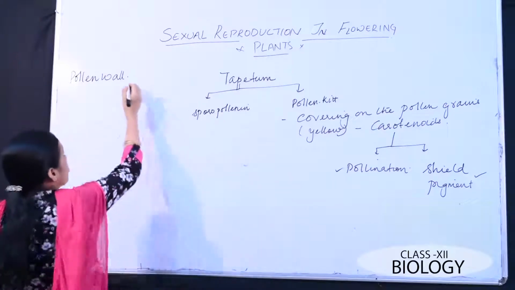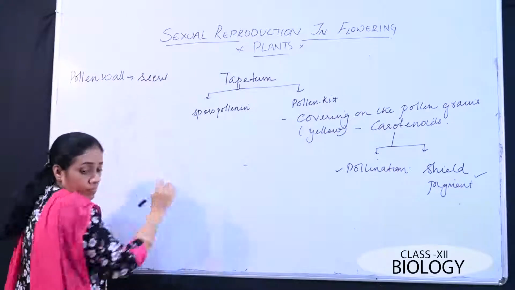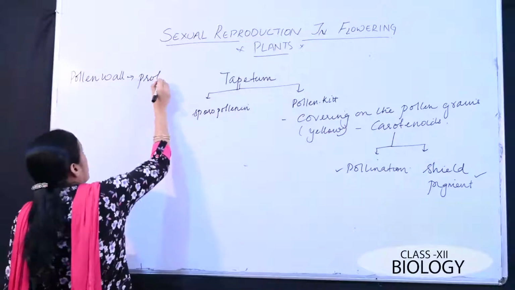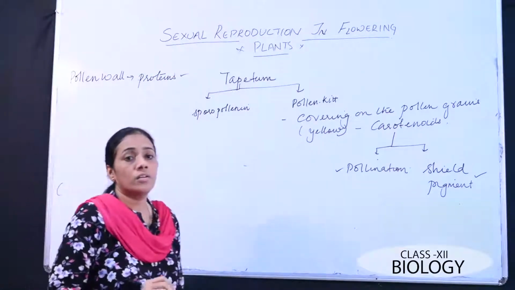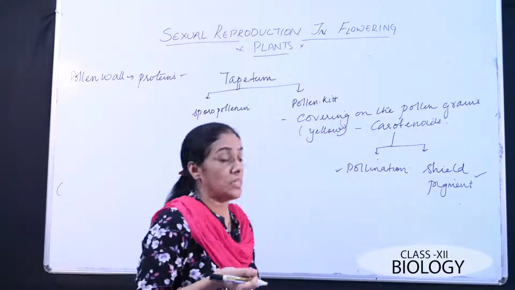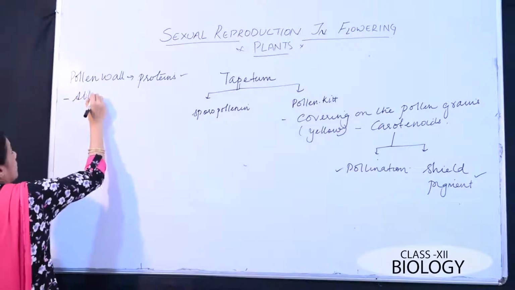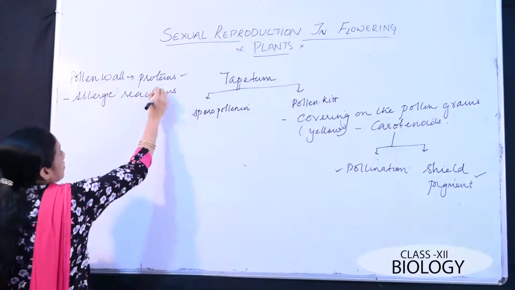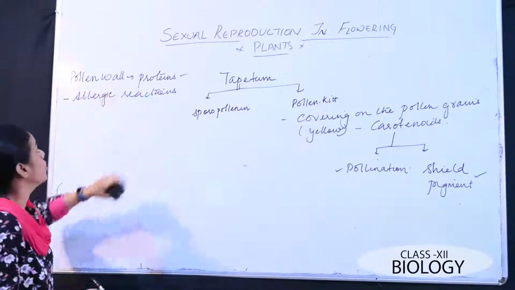There are some other proteins also secreted by the tapetum, and these proteins may cause some allergic reactions in human beings. So I am writing over here, allergic reactions may also be caused by these proteins secreted by the tapetum on the pollen walls.